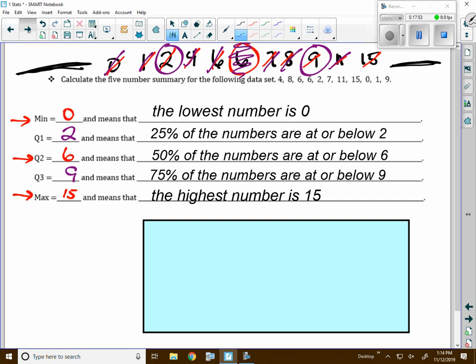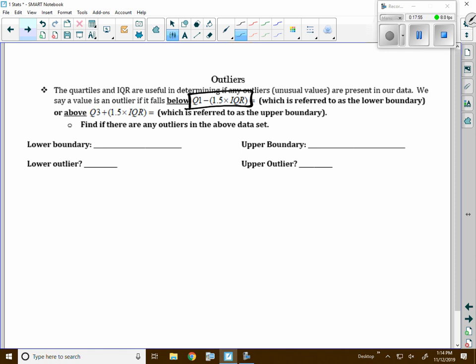So to find our lower bound, we do our Q1. What was our Q1 number? 2. Minus 1.5 times our IQR, which was what? 7. Now you need your calculator. Go ahead and put that into your calculator.